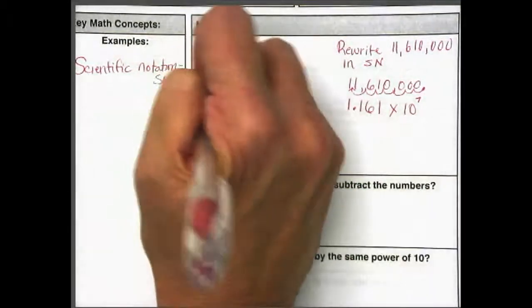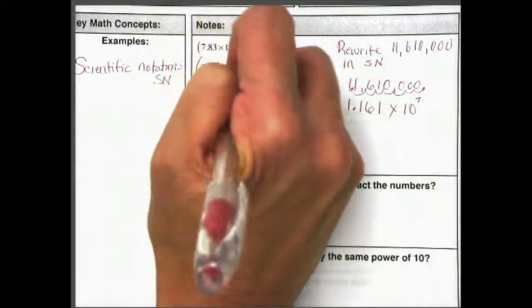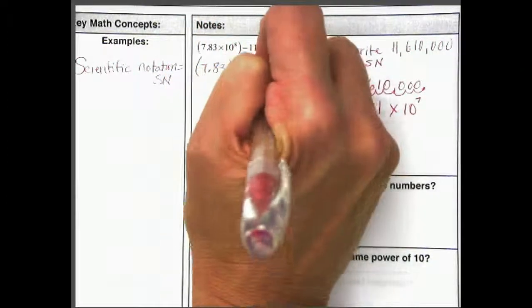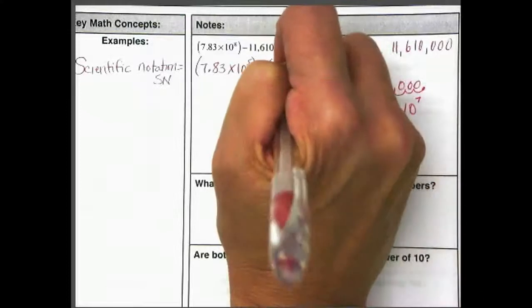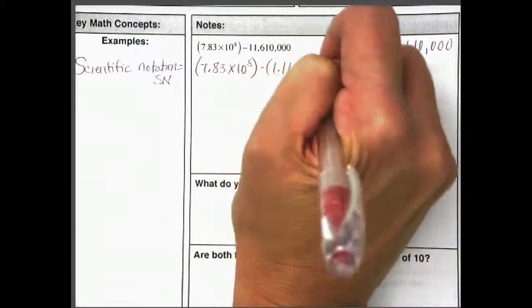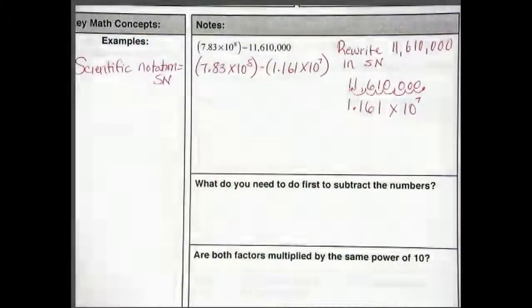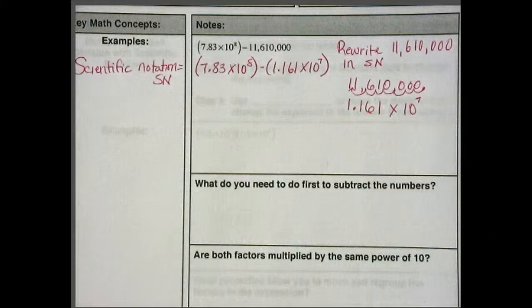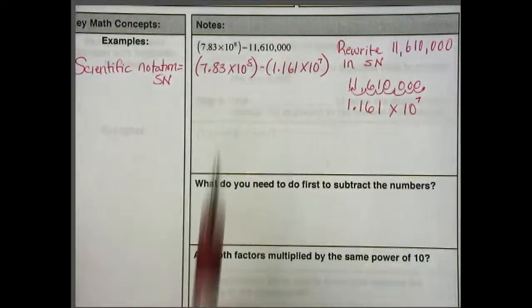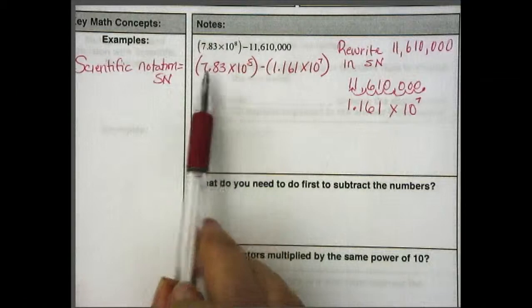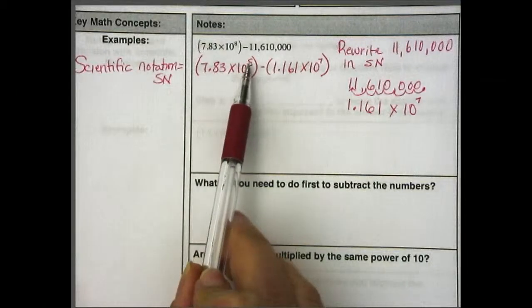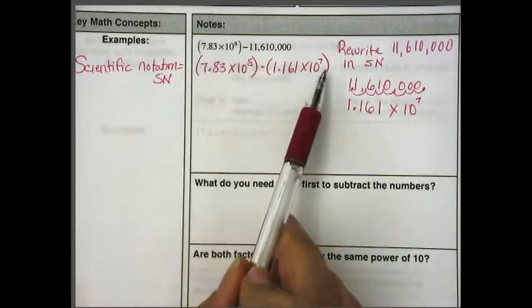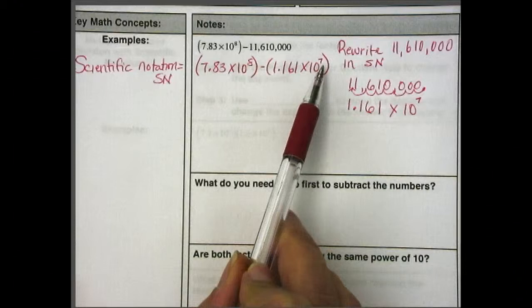So now we'll take 7.83 times 10 to the 8th minus 1.161 times 10 to the 7th. Now, in order to subtract, remember that our exponents must be the same. And so we're going to take our larger one here, 7.83 times 10 to the 8th, and we're going to change it to an exponent of 7.